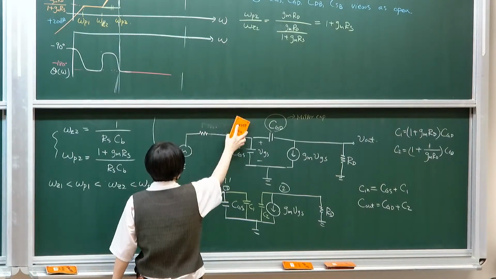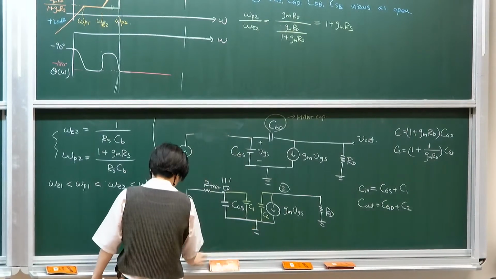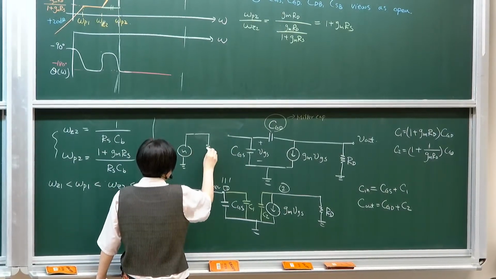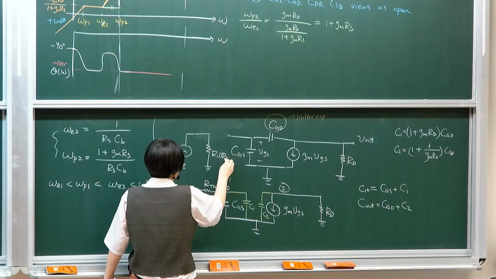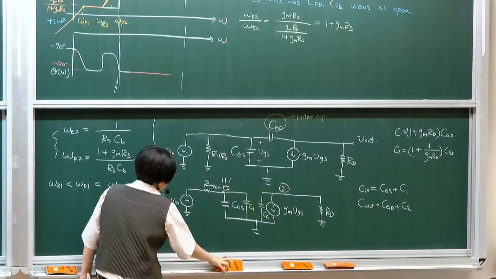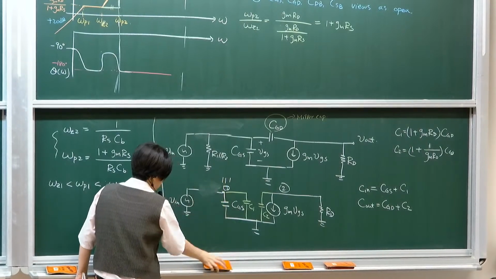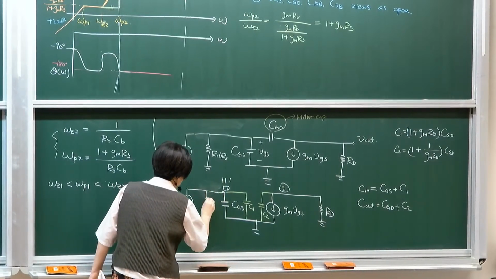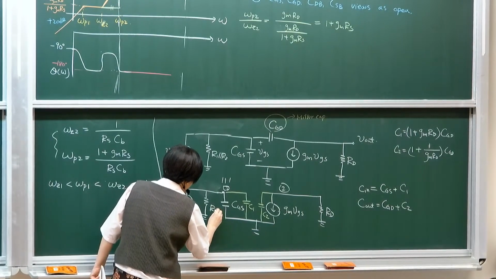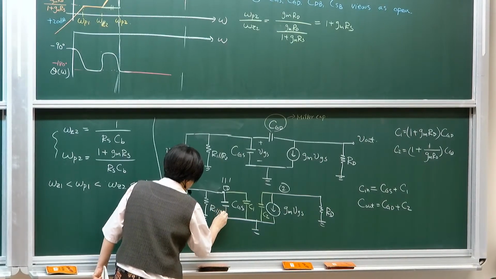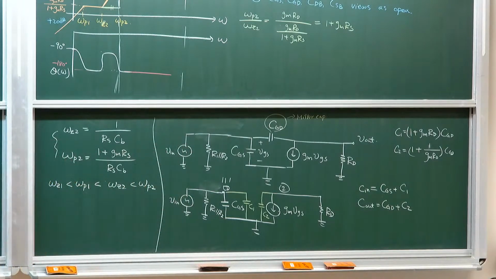Let me revise this. This is another example. This should be in parallel, R1 in parallel with R2, in this case because we have a network like that. Okay? So then I should be able to get my two poles.